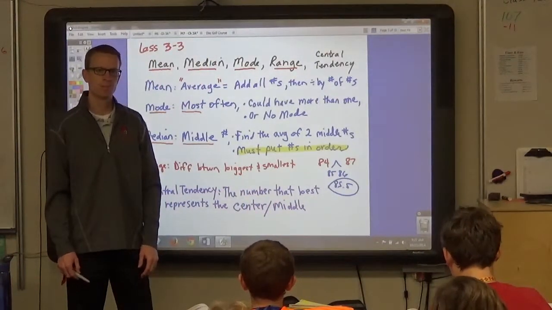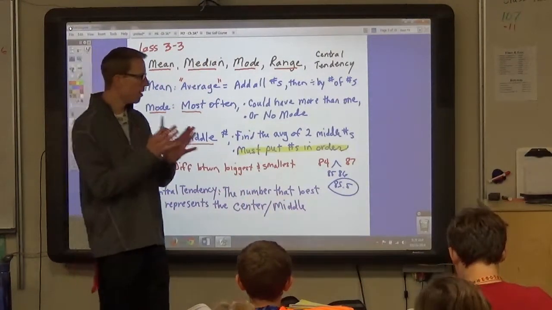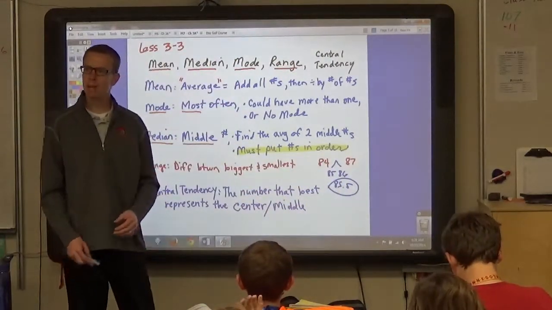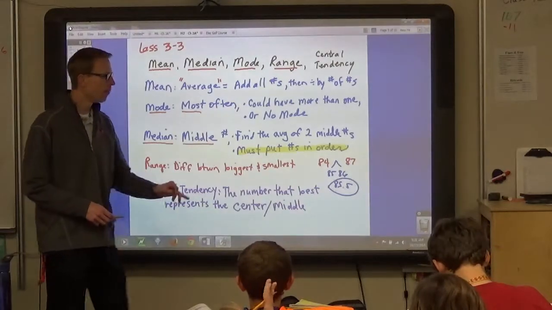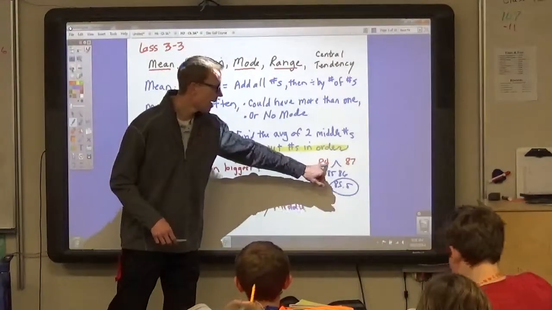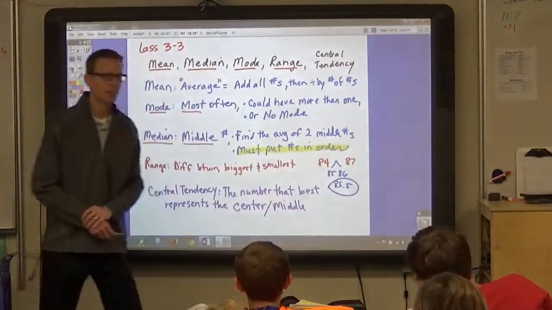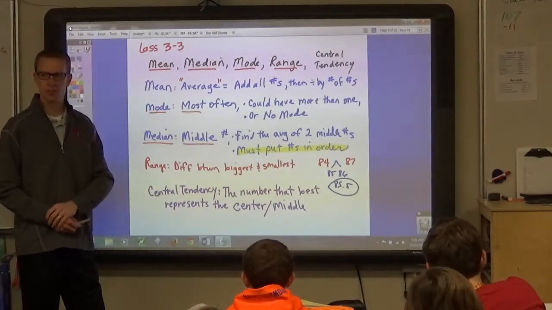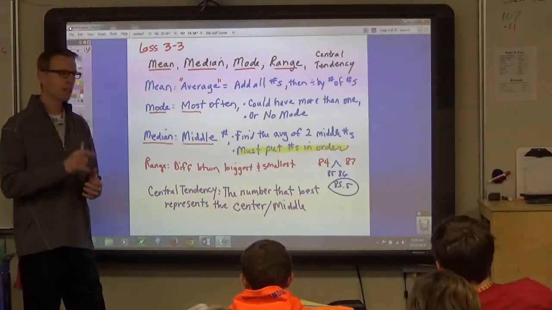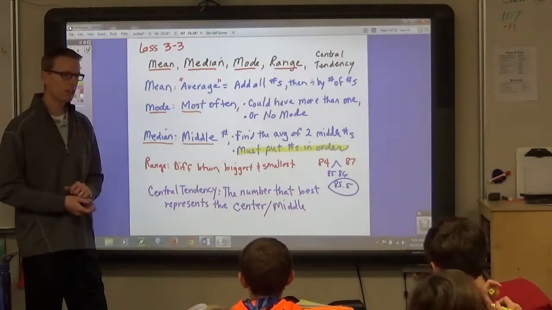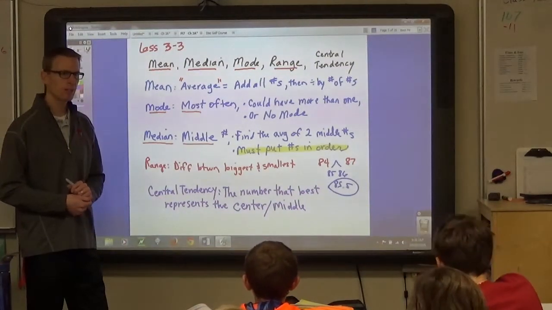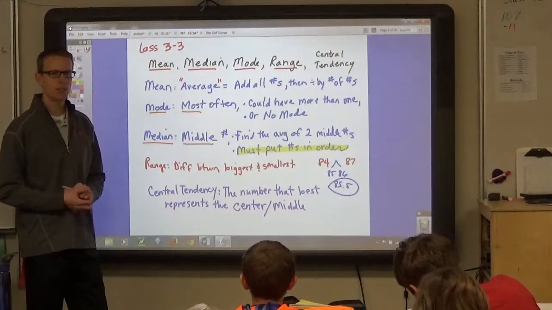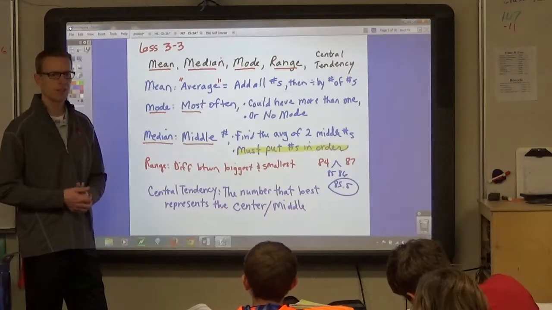So, if the middle is between 2 numbers, then you can find the middle value, or the median, by adding the numbers together and then dividing by 2. Add the 2 middle numbers together and divide by 2. Okay? Any questions on that?